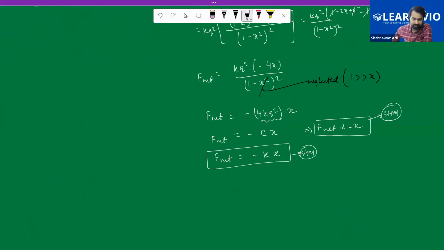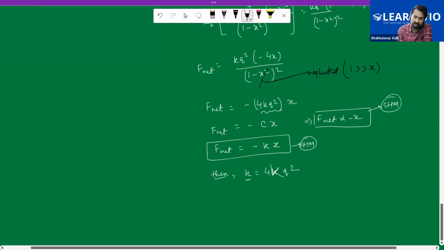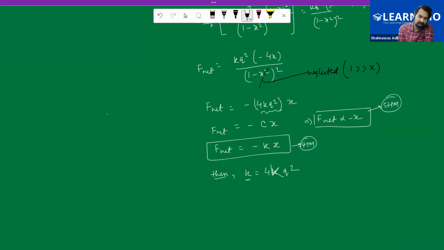And we know that this K is how much then? This K is 4K Q square. Okay, this K is different. What is this K corresponding to this angular frequency? So we know that omega square is K by m.